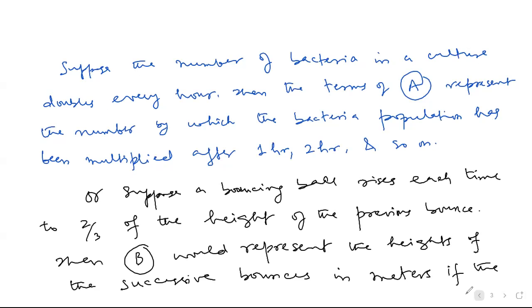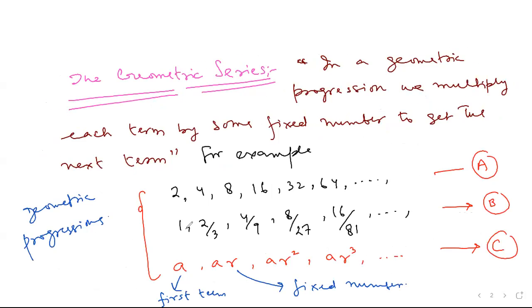You can see first its height was 1 meter, then after one bounce its height will be two-thirds, then after one more bounce, its height will be two-thirds of the second one, which is 4/9, and so on.